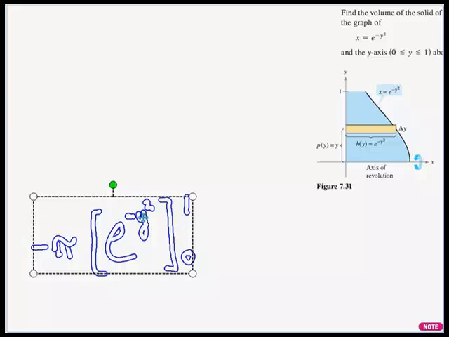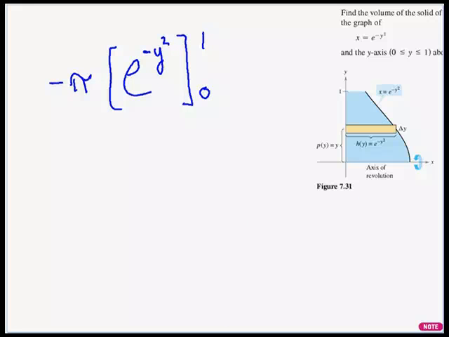Okay. Let us evaluate. Plug in the 1. Our negative pi is still out front. e, and our power is y squared negative, so 1 squared is 1, and that negative makes it negative 1, so we get e to the negative first, or 1 over e.